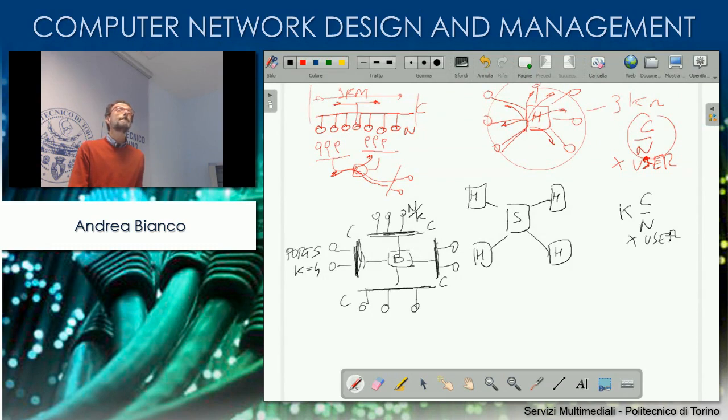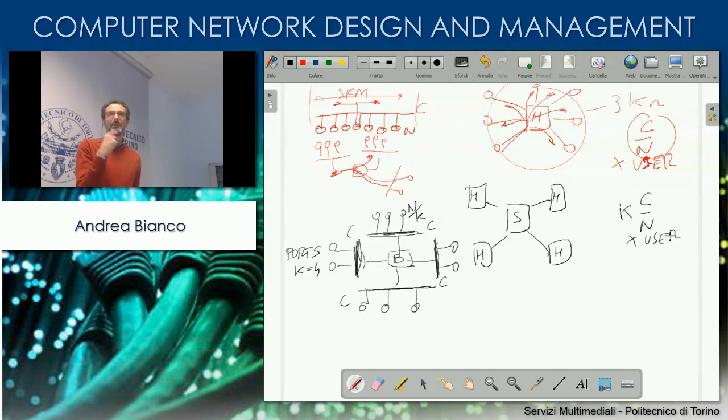The total number of users is always N, and they are partitioned N over K on each of the K segments.